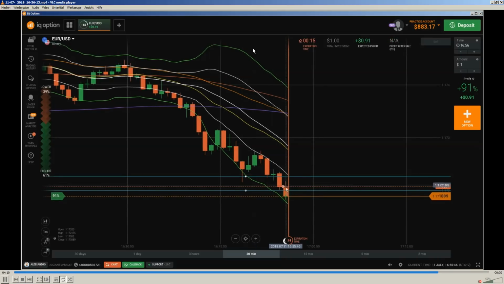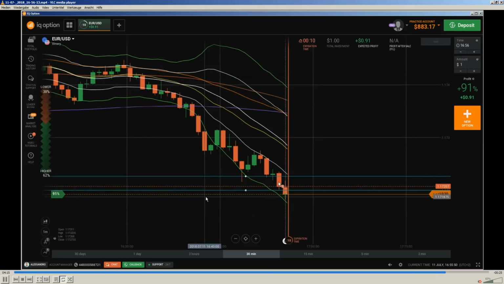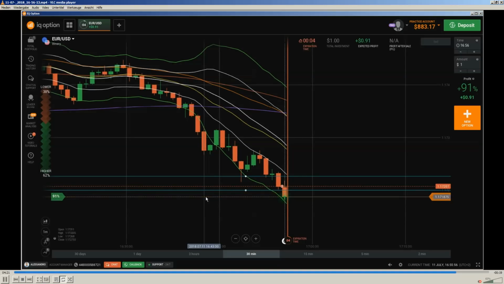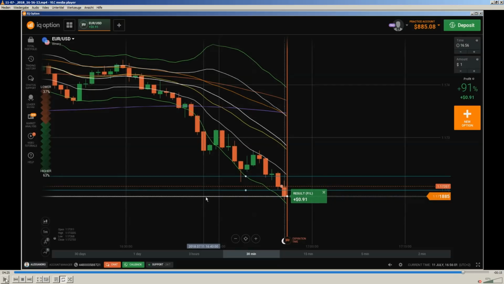You will not often see this kind of alignment of the Bollinger Bands. If you have such an alignment of the Bollinger Bands, which are parallel and heading in one direction, in this case down, you have a nice strong downtrend, and then you can also do those kinds of pullback trades if you have such a trend.